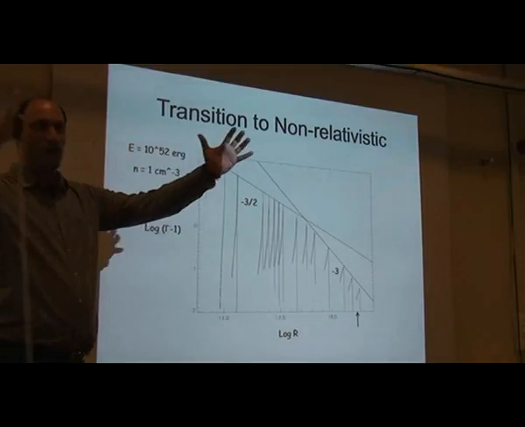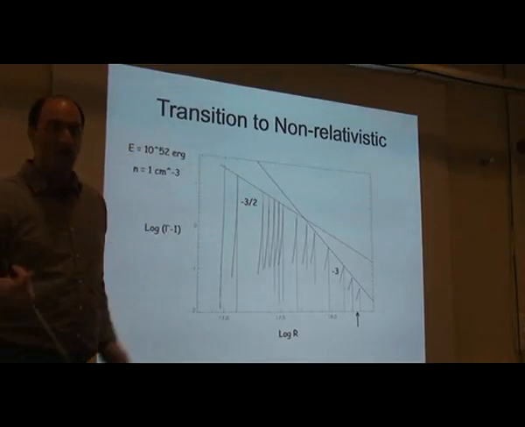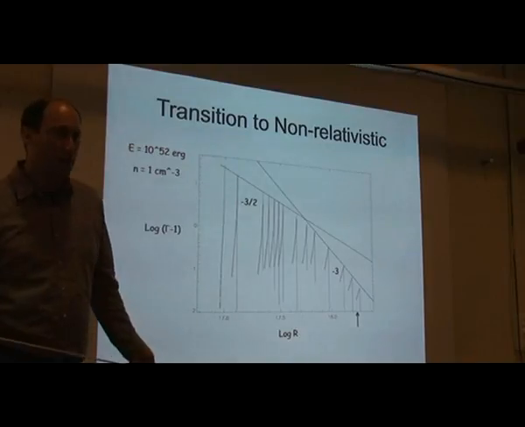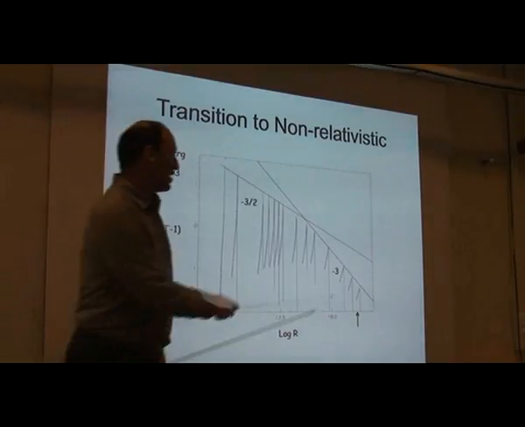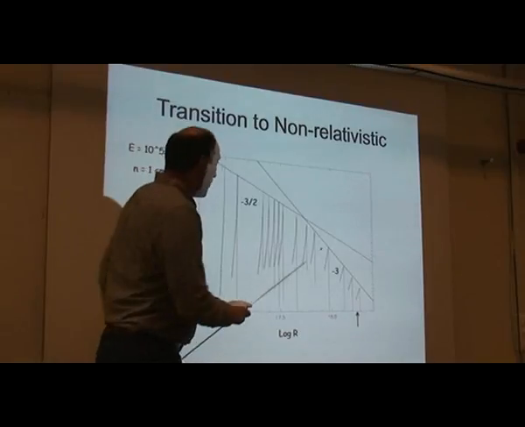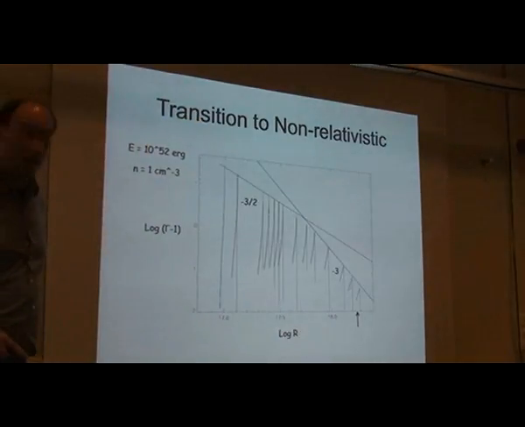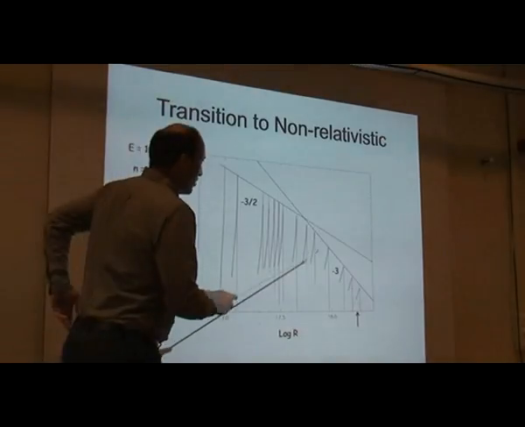At some point, the shock has swept up so much material that it transitions to a non-relativistic solution. That's called the Sedov solution. That would be the same as what you'd get if you just exploded a normal supernova. These are both similarity solutions that are straightforwardly derivable.